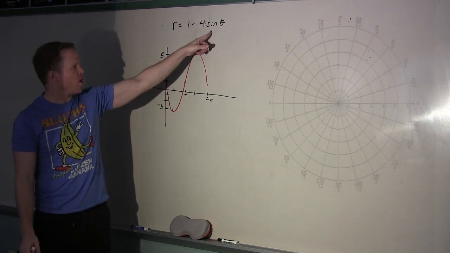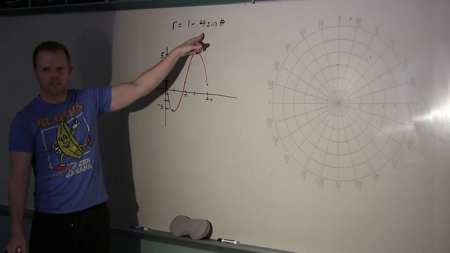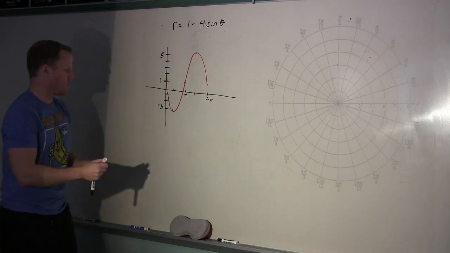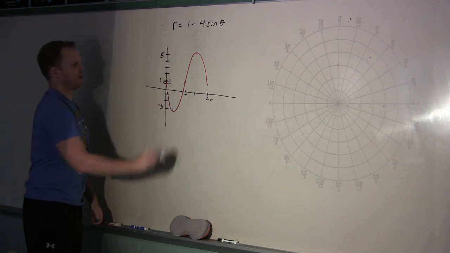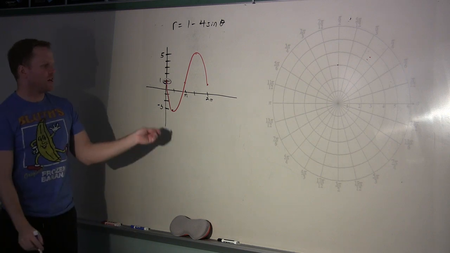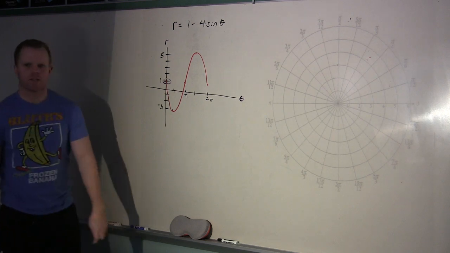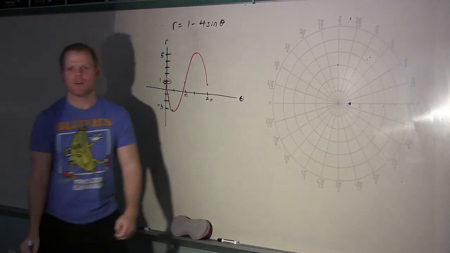Sine of pi over 2 is 1. 1 times negative 4 is negative 4. So this is 1 minus 4. That's negative 3. That's perfect. So let's use this to our advantage. I've got that point. This is my theta axis. This is my r axis. When theta is 0, r is 1. So boom, point, got 1.